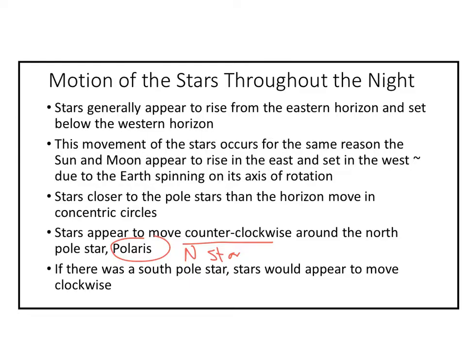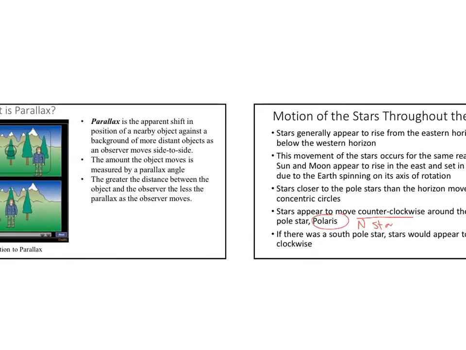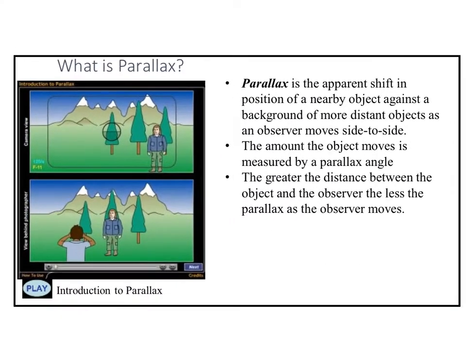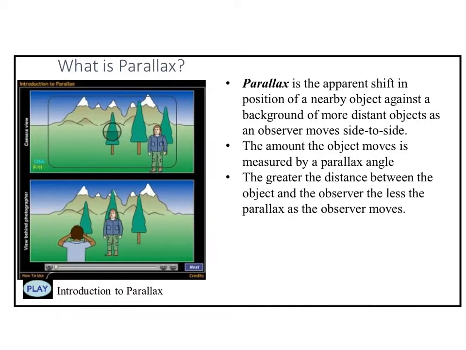Next one, seeing different stars at different times of the year. Well, let me go back. This one's parallax. Parallax is remember where you held your finger out in front of your nose? Basically, and close one eye and then the other eye. And then as you took your finger and moved it out away from you, you saw less movement of your finger as you closed one eye and the other eye.